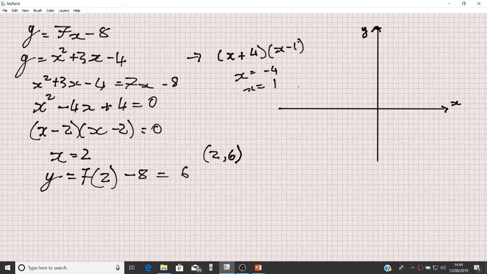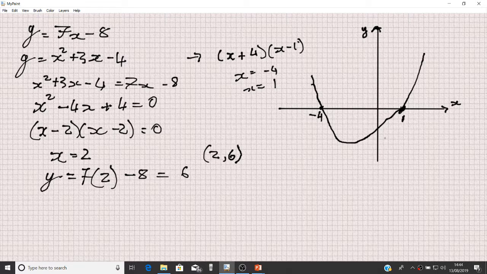And we can see the y-intercept is minus 4, so we'll just quickly draw that quadratic. We'll just call this positive 1. So it's going to go something like this.